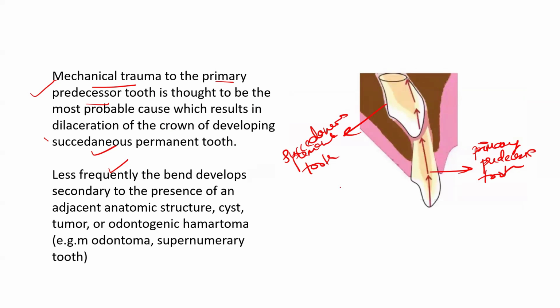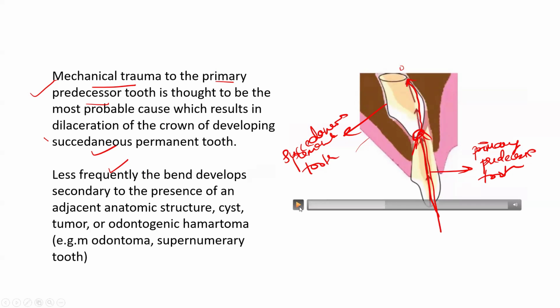Now you can see in this diagram there is a vertical force that has occurred to the primary tooth. Now this force is passed on to the developing tooth germ through the incisal edge and the buccal portion of the developing tooth germ. So there is a vertically directed force to the primary tooth, and it passes along the buccal portion of the tooth to the undeveloped portion of the tooth germ.